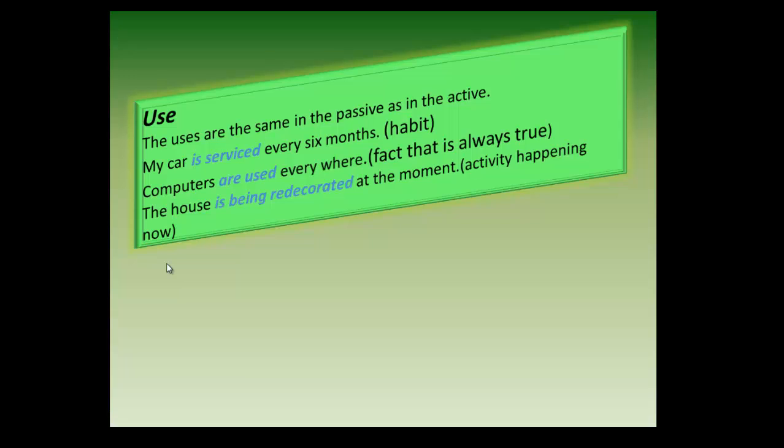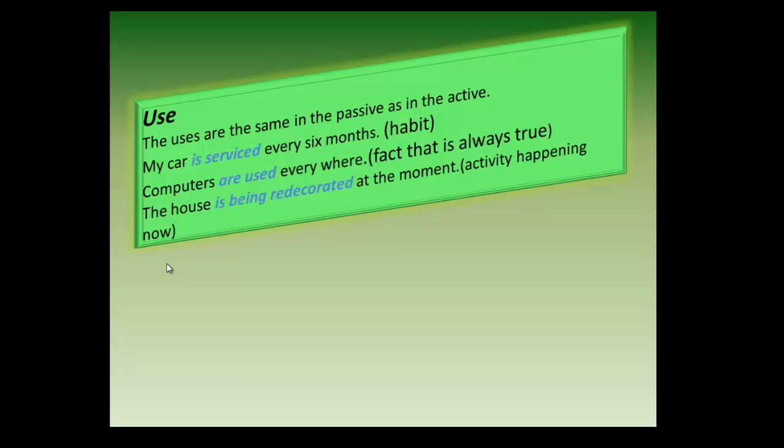Here we have a habit, so we use the present simple, but here the present simple is in the passive voice. Computers are used everywhere. Also here we have a fact, and this fact is true all the time. Computers are used everywhere in the world.